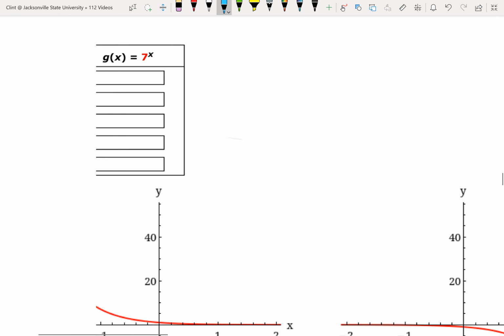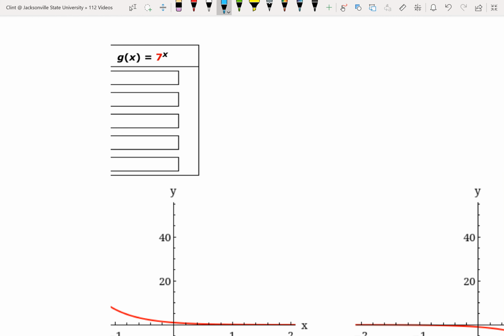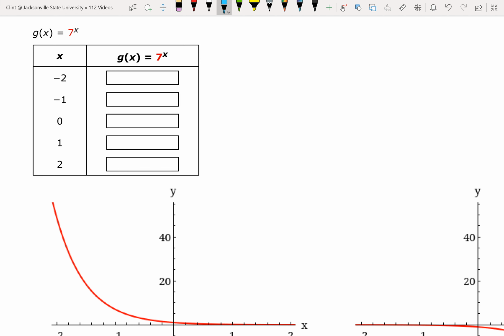All we're doing here is plugging stuff into our calculator. Sorry, I don't know why this is being so glitchy today. There we go. So for the first one, we'll do 7 to the negative 2. You can just plug that in your calculator, but that's the same thing as 1 over 7 squared, or 1 over 49.